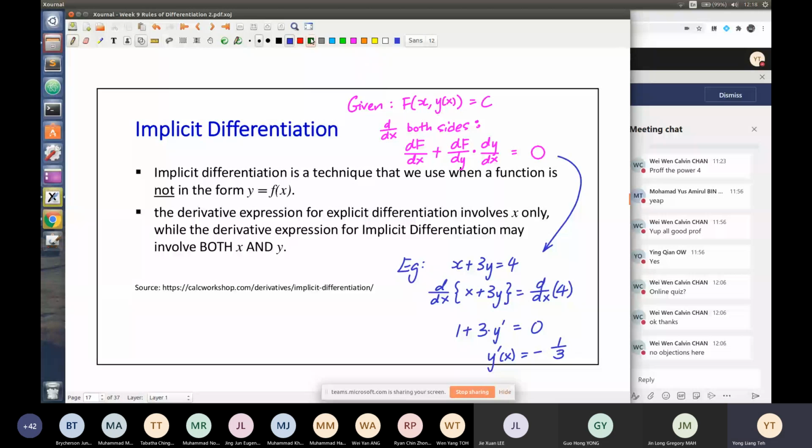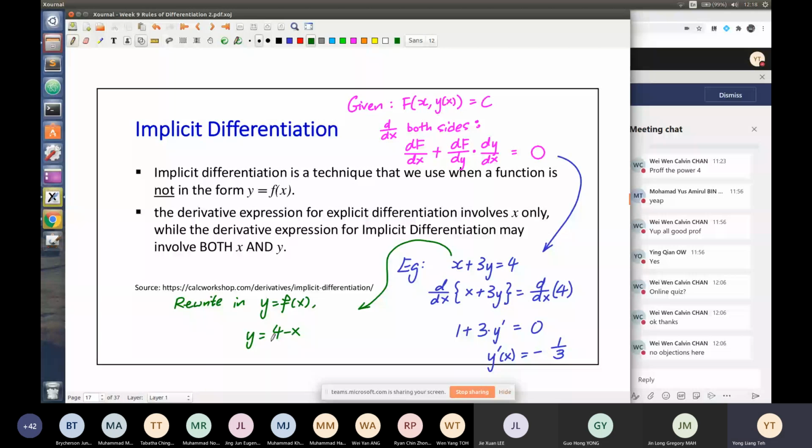Now, of course, you can verify, is this actually legit? Because in explicit form, let's have y equals 4 minus x over 3.